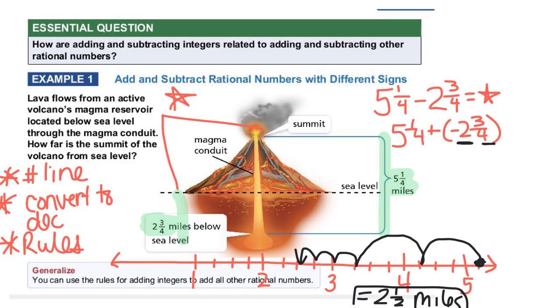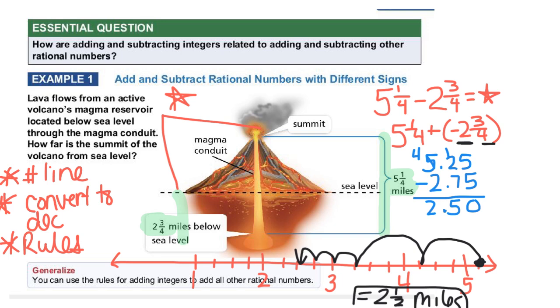My other option was to change 5 1/4 to 5.25 minus 2.75, and I go old-fashioned subtraction, and I would get the same answer.